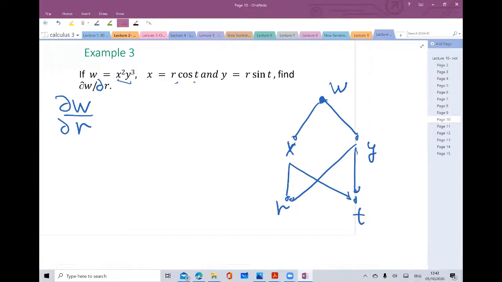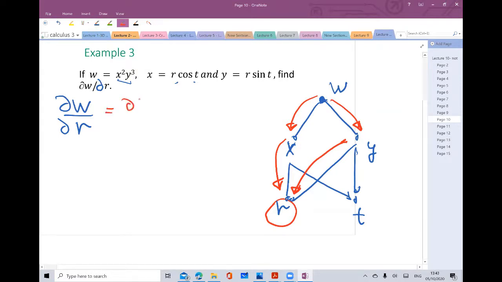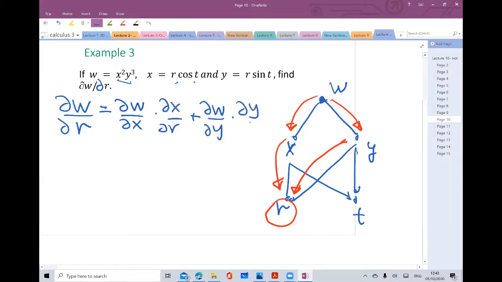If I want partial w, partial r, I arrive at this through two branches: partial w partial x, partial x partial r, and partial w partial y, partial y partial r. Let's write it down. Our rule will be partial w partial x times partial x partial r plus partial w partial y times partial y partial r.